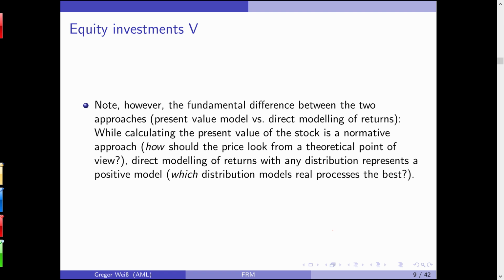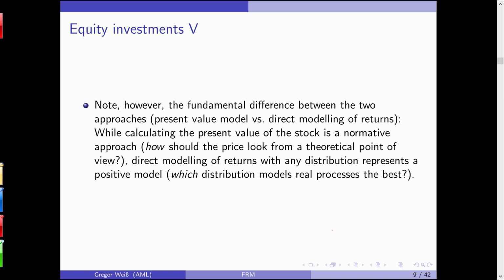Note, however, the fundamental difference between these two approaches: present value on the one hand and factor modeling or a direct modeling of returns on the other hand. It's an even philosophical question, and it touches the philosophy of science. The first one is an approach in which you actually explain what is happening within the economy and within each investor.